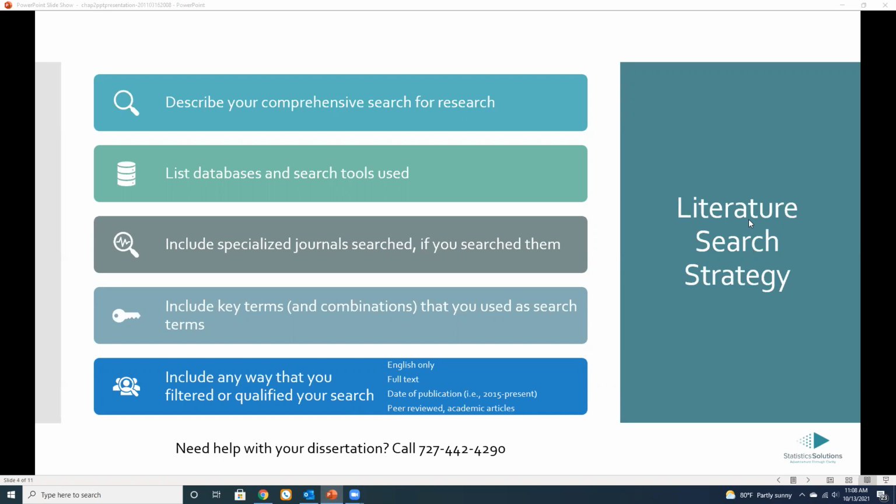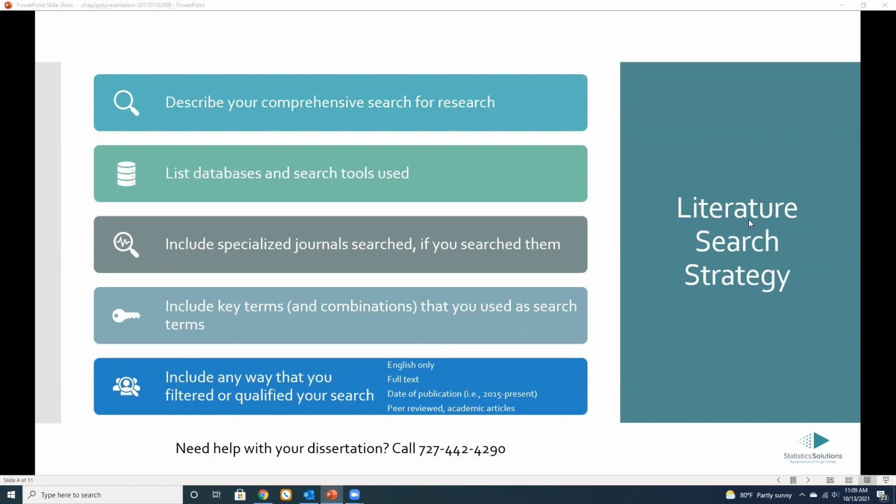Really important ones are the last two here. Date of publication. And again, this is a place where you want to check your school's template, or even check with your chair. Some schools, for the lit review and sometimes for the entire study, want you to restrict the literature that you review to a certain publication date, like 5 years from the present.